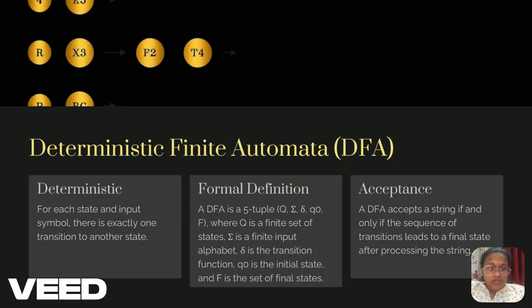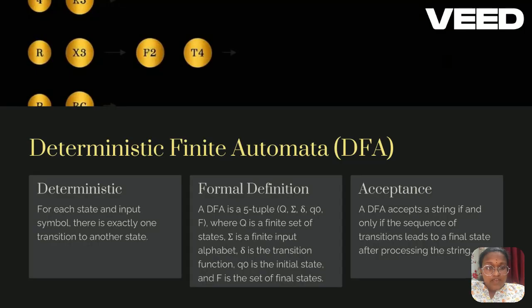The formal definition of DFA is a five-tuple: Q, sigma, delta (the transition function), q naught, and F, where Q is the set of finite states, sigma is the finite input alphabet, delta is the transition function, q naught is the initial state, and F is the set of final states. A string is accepted by a DFA if and only if the sequence of transitions leads to a final state after processing the string.